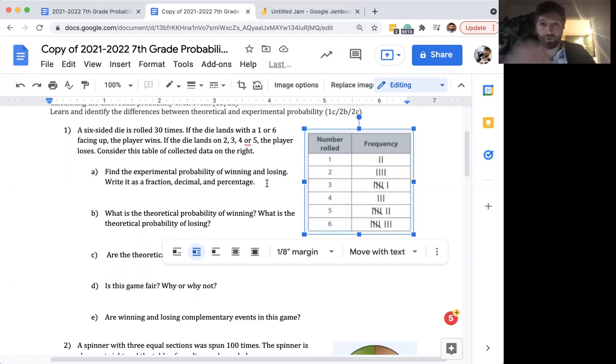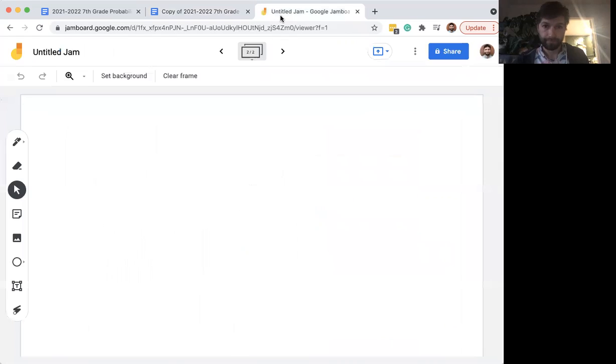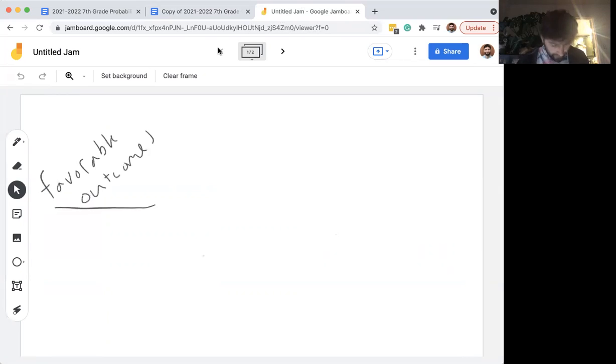So the way that you turn an experimental probability into a fraction is you have the number of favorable outcomes that were recorded in your experimental probability. I'm writing it over here.